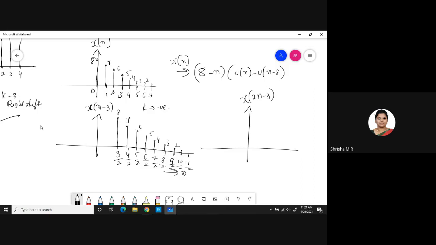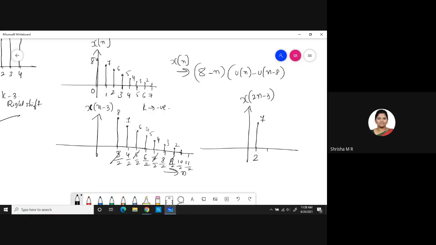3 by 2, what is it? It's 1.5. In a discrete time signal, only integer values are allowed. 1.5, 2.5 and so on are not allowed. Correct? So this signal is lost. This signal is lost. This is also lost. This is also lost. Okay, whatever is at 4 will come to 2, which is nothing but amplitude 7.